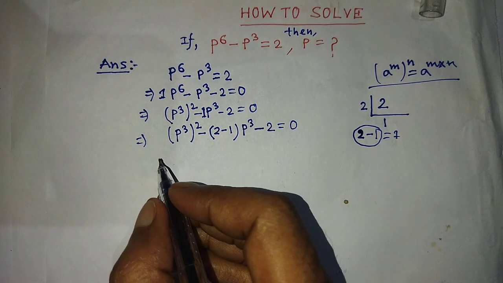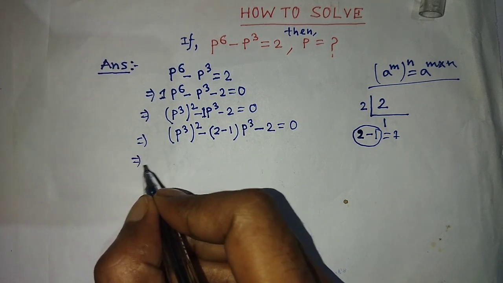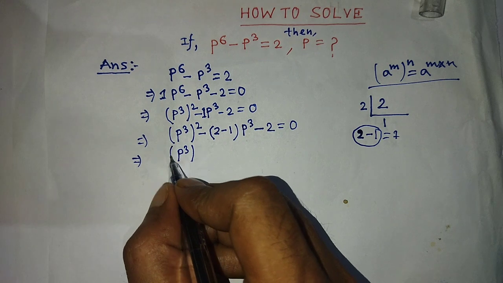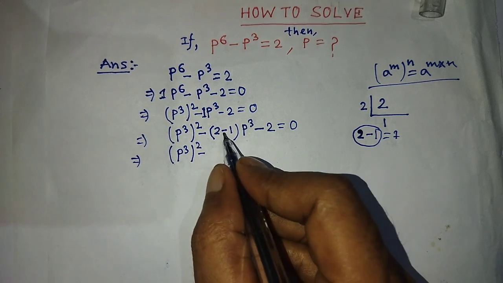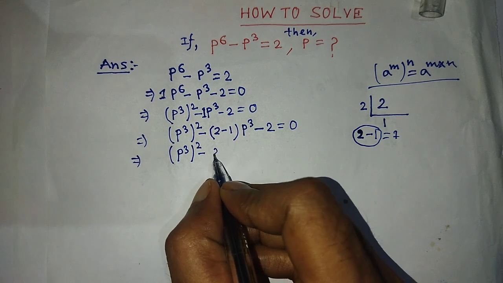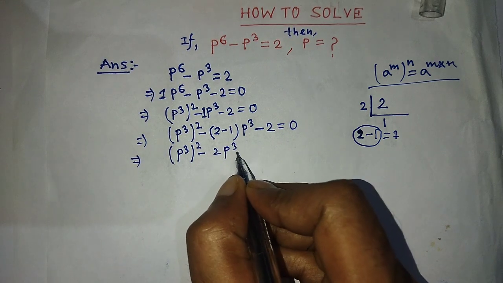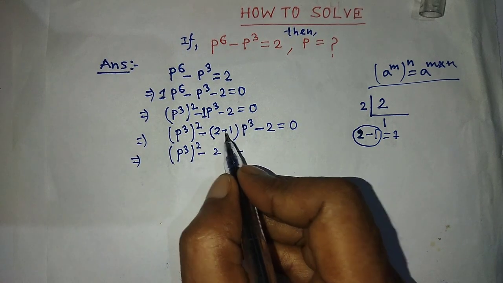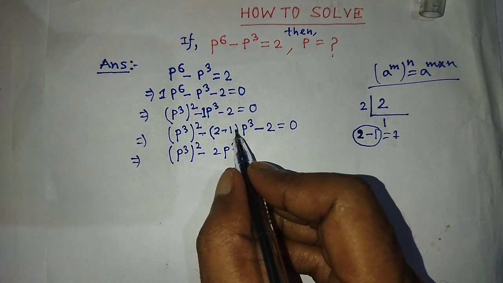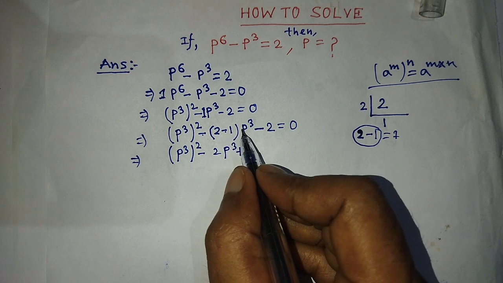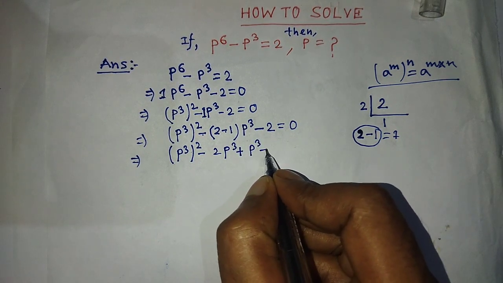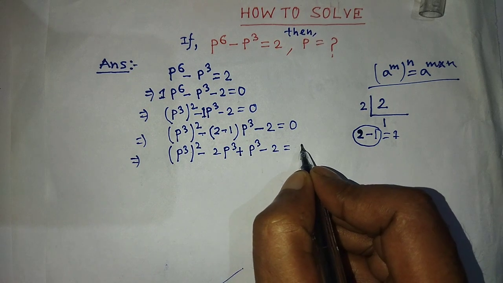So student, after that again we have to write p to the power 3 whole to the power 2 minus, if you multiply 2 with p to the power 3, then you get 2p to the power 3, plus, so we have to write here a plus sign. Okay, and after that again you have to multiply 1 with p to the power 3, then you get p to the power 3 minus 2 is equal to 0.